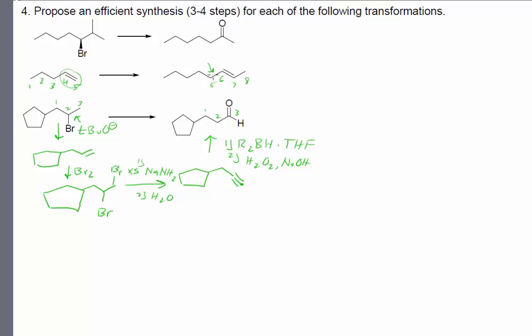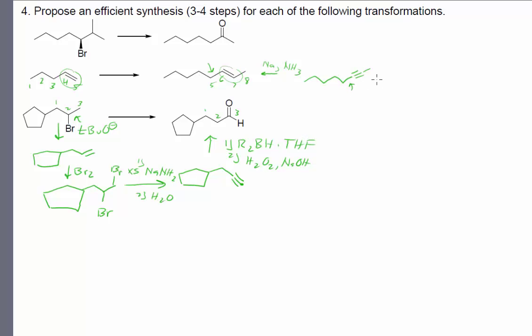What if we created that bond using an alkyne on carbon 6 and 7? So we could envision hydrogenation, partial reduction of this alkyne to get to the product.